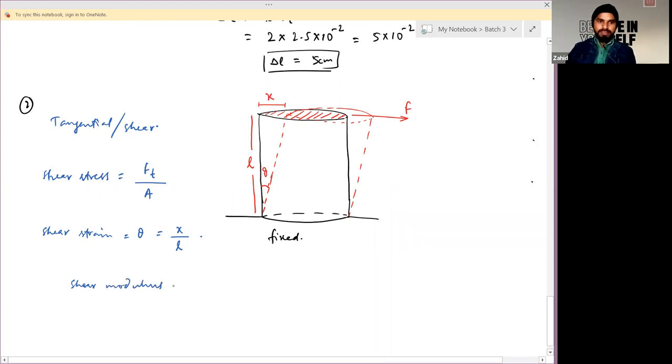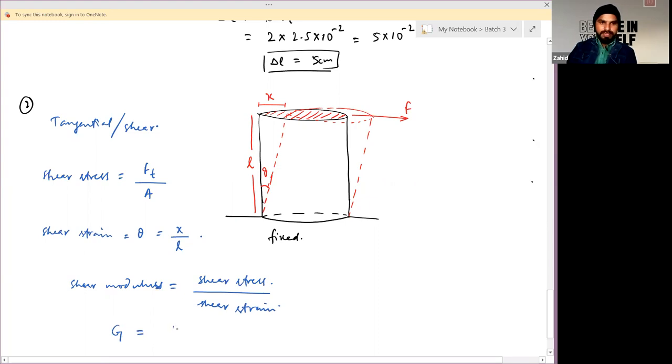So shear modulus equals shear stress divided by shear strain. Shear modulus is denoted by capital G.